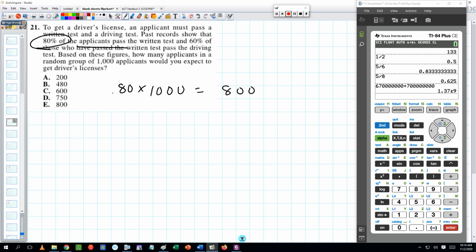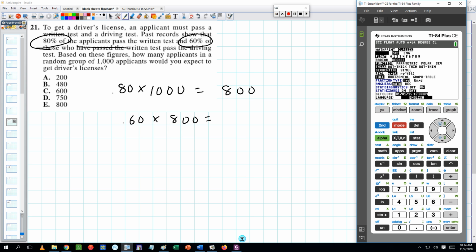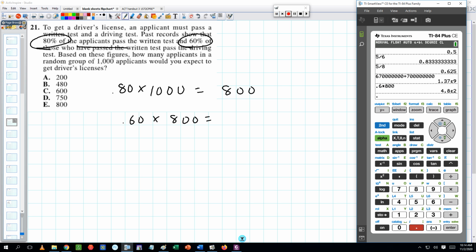And after that round, 60% pass. So what is 60% of 800? So 0.6 times 800 is 400, and oops, I'm in the wrong mode. Let me put that mode back. So 0.6 times 800 will be 480.